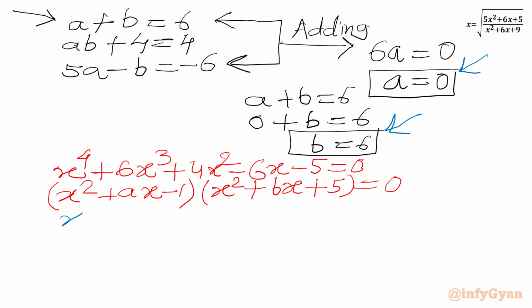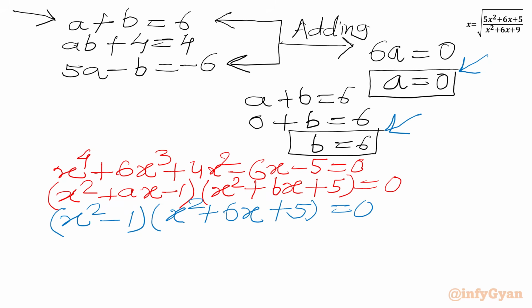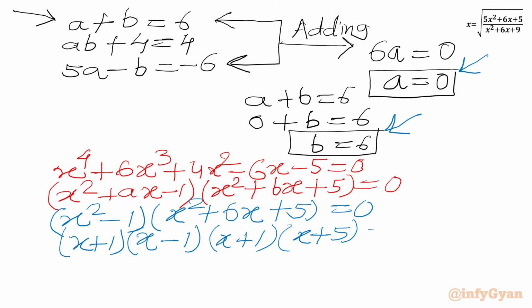So we will write (x square minus 1) times (x square plus 6x plus 5) equal to 0. Using difference of two squares formula, we will write x plus 1 times x minus 1. And after factorization, we will write here x plus 1 times x plus 5 equal to 0. From this equation, we are going to get only real solution, x equal to 1.